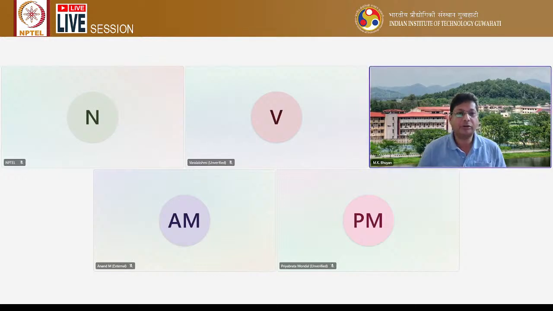In week number 4, we discussed the concept of image transformation. So what is the definition of image transformation? The concept of the Fourier transformation, the discrete cosine transformation, and the concept of 2 random variables, how they are uncorrelated, and the concept of energy preservation. So these concepts I discussed in week number 4.